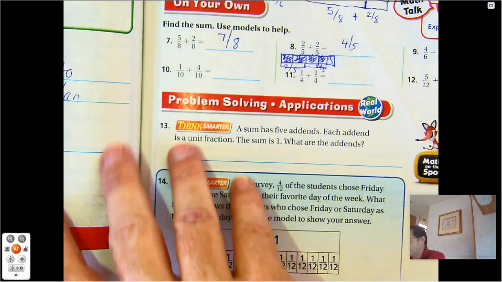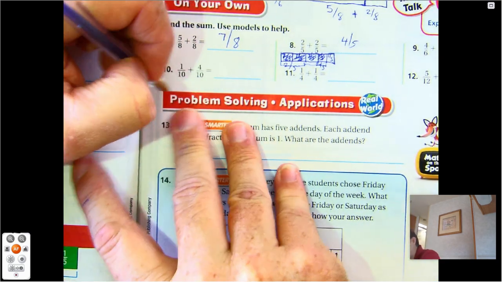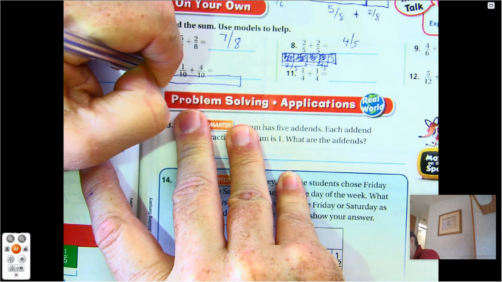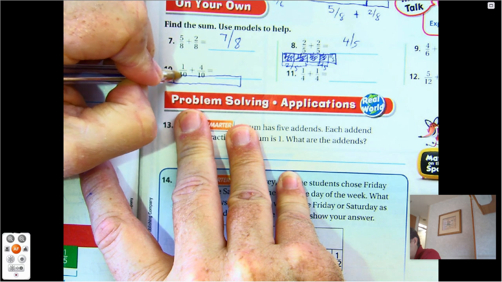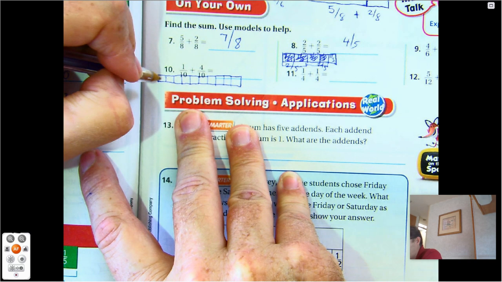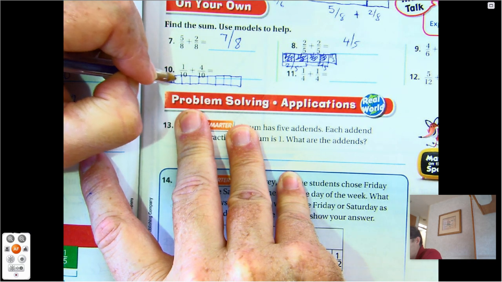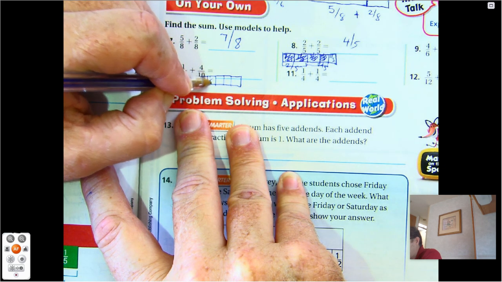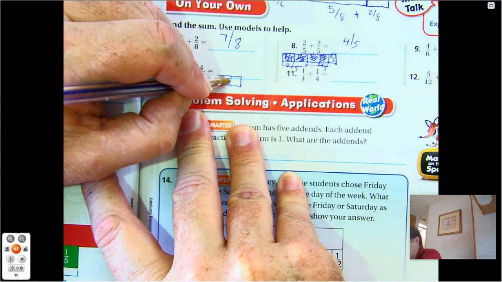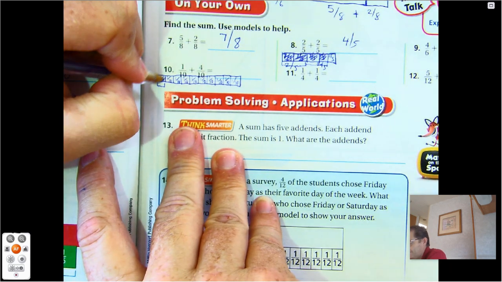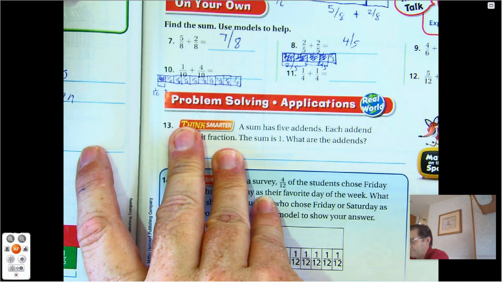1/10 plus 4/10. So each piece in this will be 1/10. Okay, and we're going to have 1/10 plus 4/10. 1, 2, 3, 4.